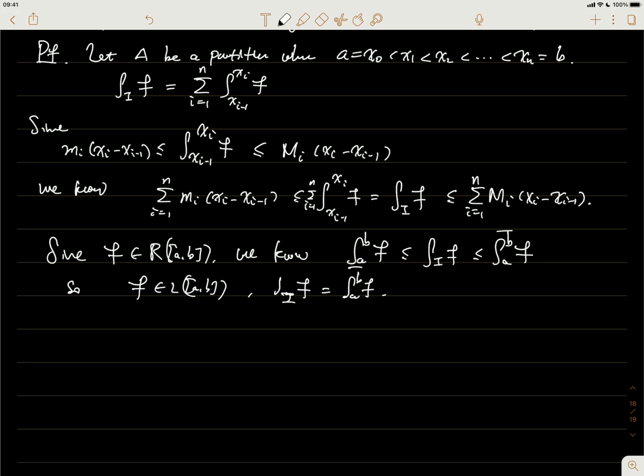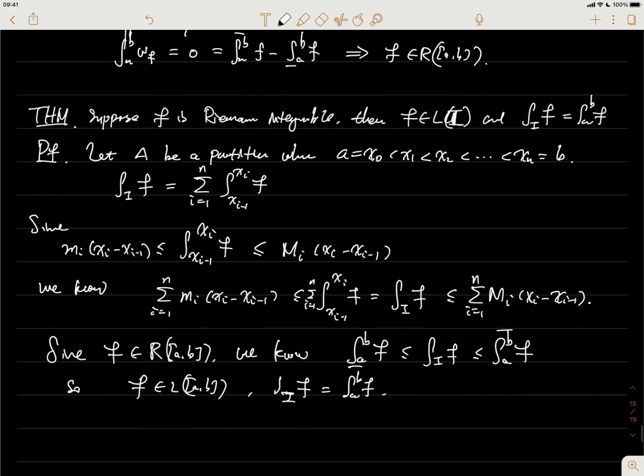So now that's the finish of the relation between the Riemann integral and the Lebesgue integral. You can see that, first of all, the Lebesgue integral is a generalization of the Riemann integration, and whatever you know about Riemann integrations or the techniques you learned there, you can still do the computation there.